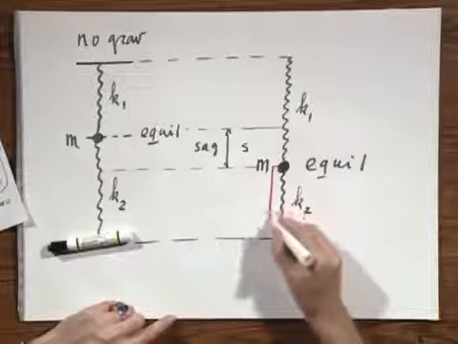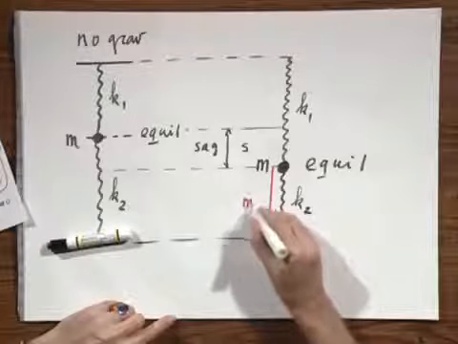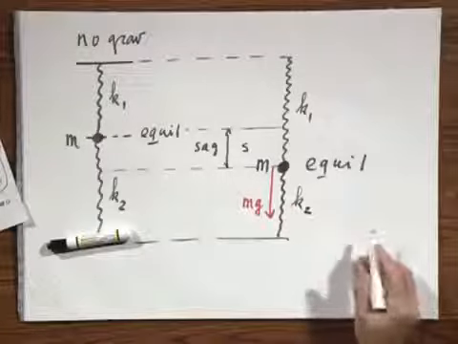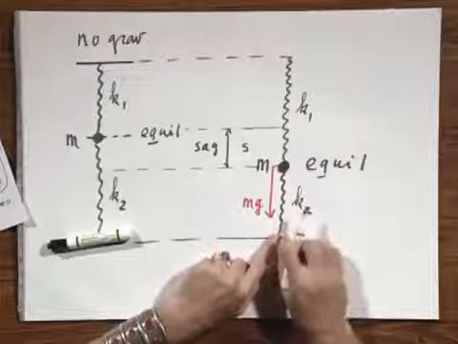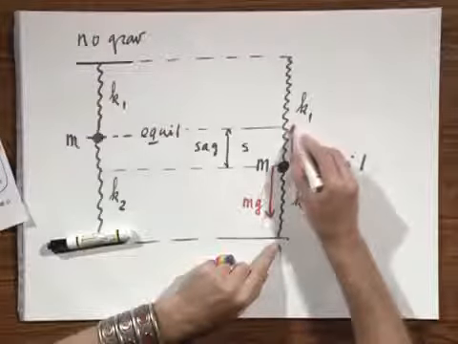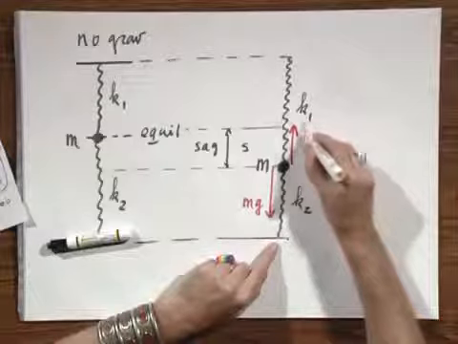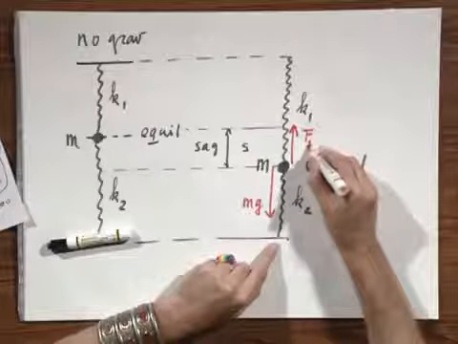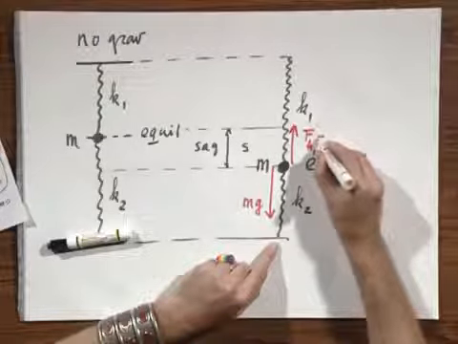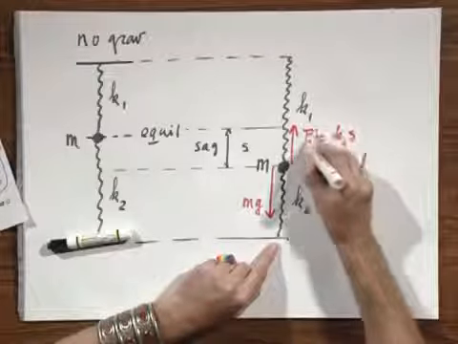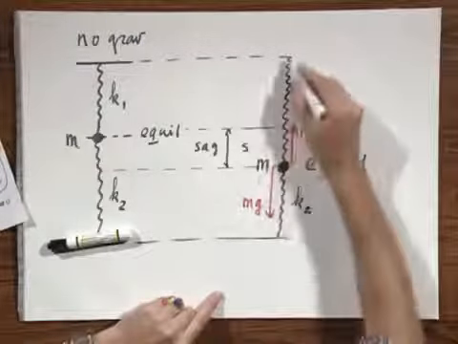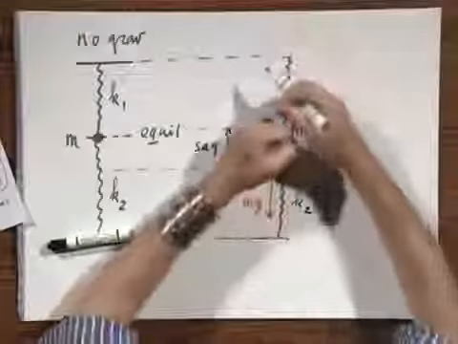then there is of course mg. That's clear. But now this spring is shorter than it wants to be, so it's going to push up. So it will push up with a force F K1, which equals K1 times S. That's the magnitude. This one is longer than it wants to be, so it wants to contract.